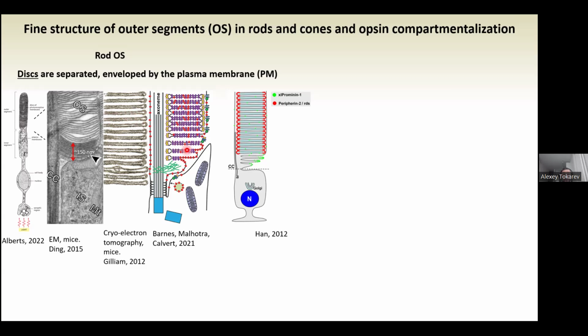Rhodopsin is densely packed into the membrane of these discs. The most important feature is that, first of all, rhodopsin is really densely packed there, and second, these discs are separated from each other and from the surrounding plasma membrane. So every disc is a separate structure, and rhodopsin cannot leave its disc and go to another disc.